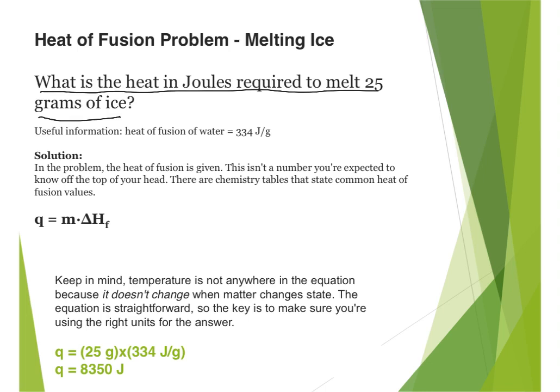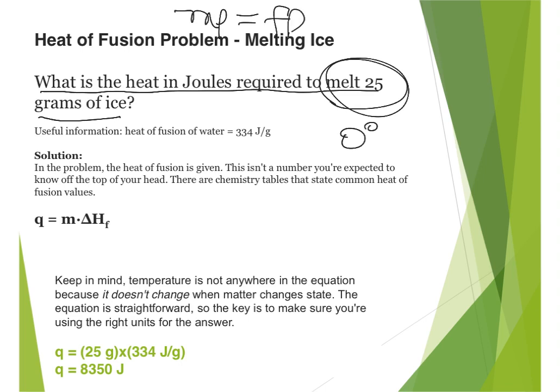Well, what is the equation that we need? We are melting, okay? You know the melting point of water, right? It is 0 degrees. Remember that melting point equals freezing point. They're just approaching it from different directions, and they're both 0 degrees for water.